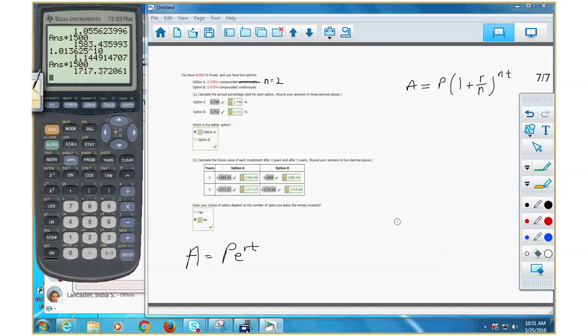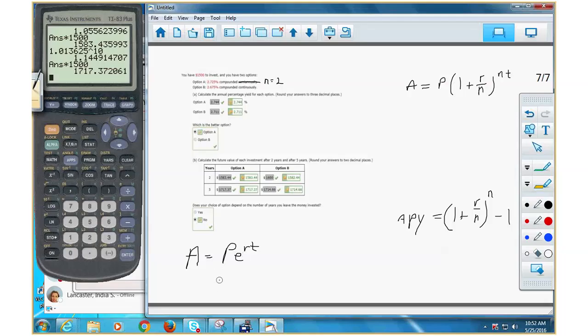Annual percentage yield is equal to, I believe, 1 plus R over N raised to the N power, minus 1. Is that it? Yes. So you need to plug the same numbers that you plugged in for these into this also. But we'll get to that in just a minute.